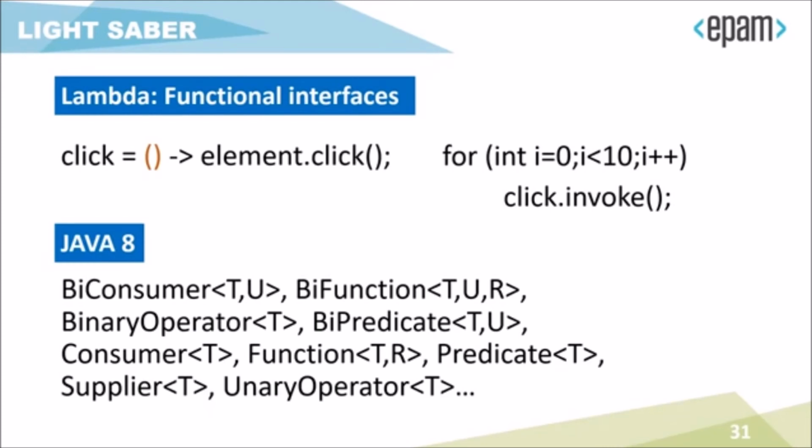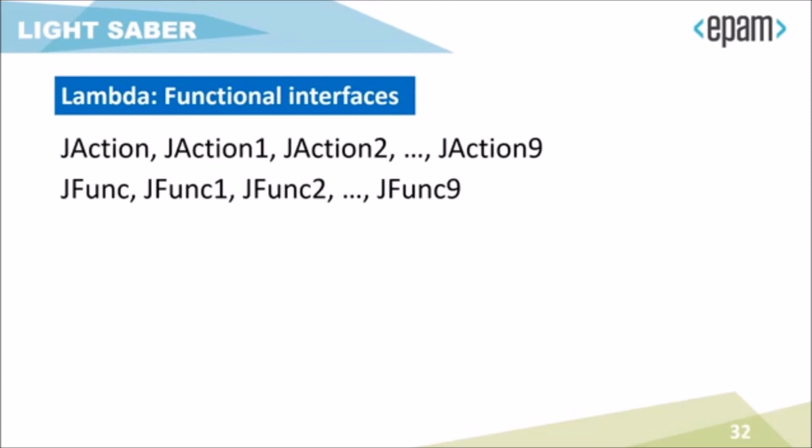And these covered only methods with up to 2 parameters. So you can't do a lambda expression with 3 parameters in your method or in your function. And we think that we can do a simpler solution for this.